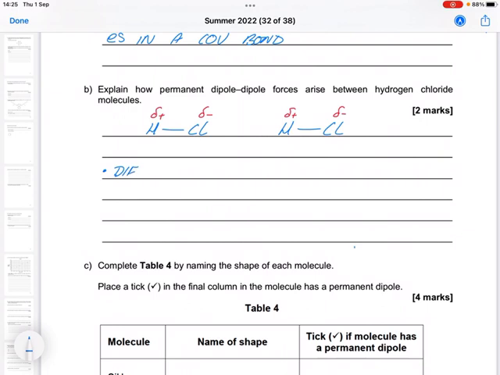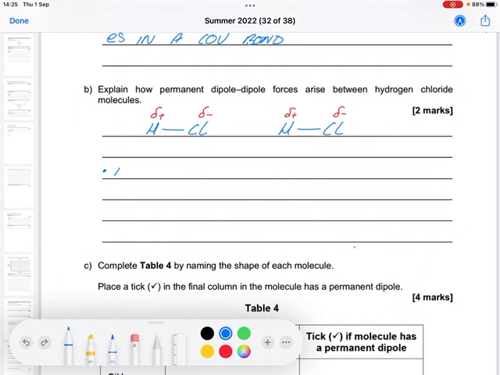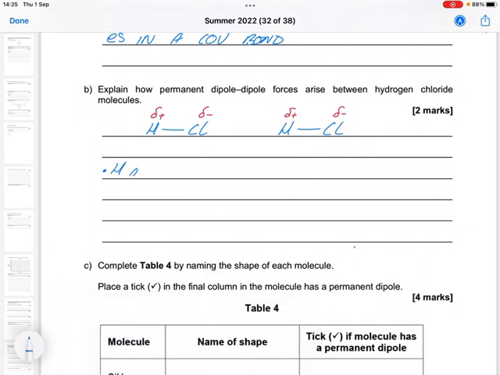So in fact, let's make that a little bit clearer. So hydrogen and chlorine have different electronegativities. Therefore, we get bond polarity or polar bonds.